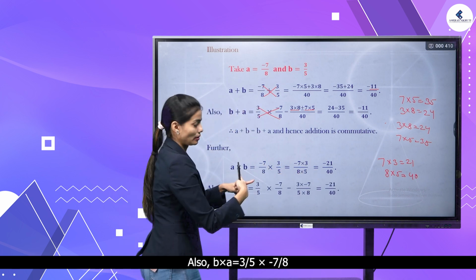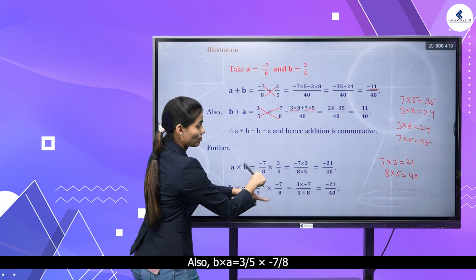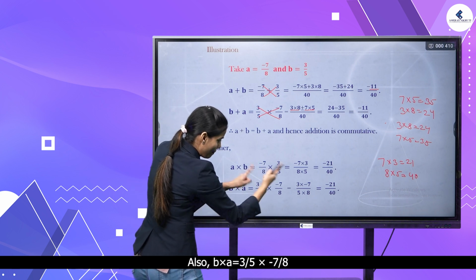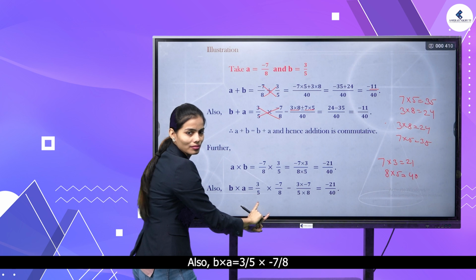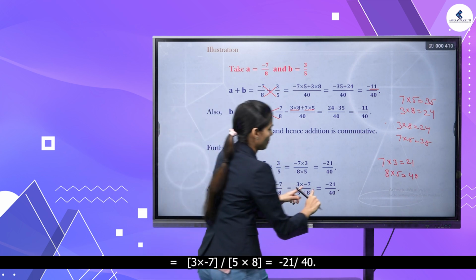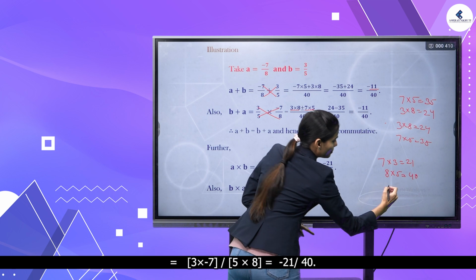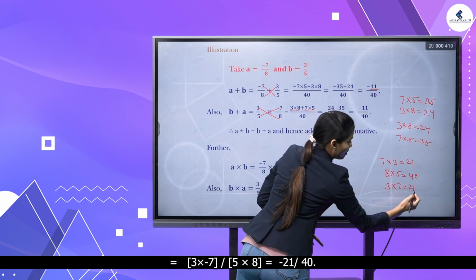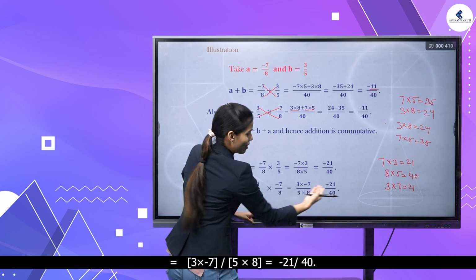Also, b into a is equal to 3 by 5 into minus 7 by 8, is equal to 3 into minus 7 by 5 into 8, is equal to minus 21 by 40.